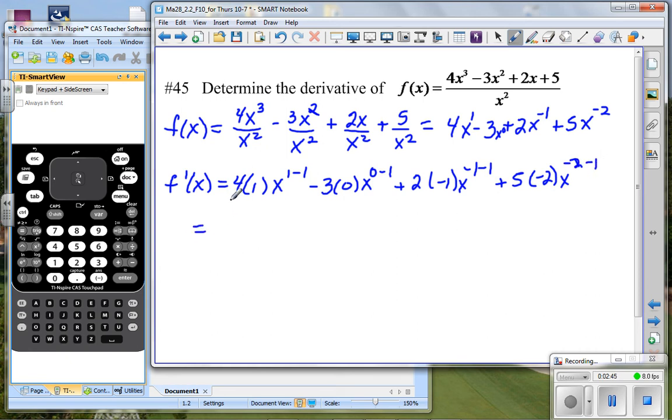So our derivative will be 4x to the negative 2 minus 0. I'll go ahead and put that term in just so we can see it. Minus 2x to the negative 2 minus 10x to the negative 3.